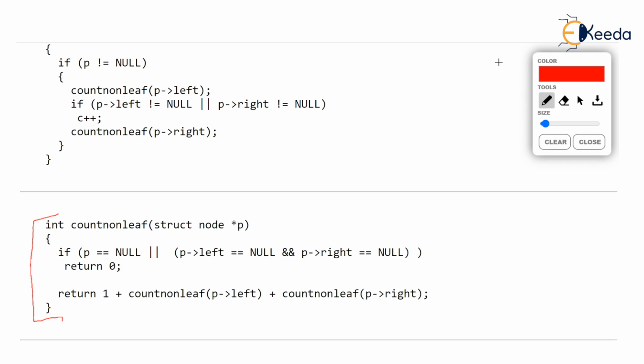Suppose you are given some binary tree, let's say the binary tree is something like this, and the null pointers wherever applicable: left of 20 is null, and both pointers of 5 are null, and root points on the top. Now, suppose you are asked how many non-leaf nodes are there in this tree.